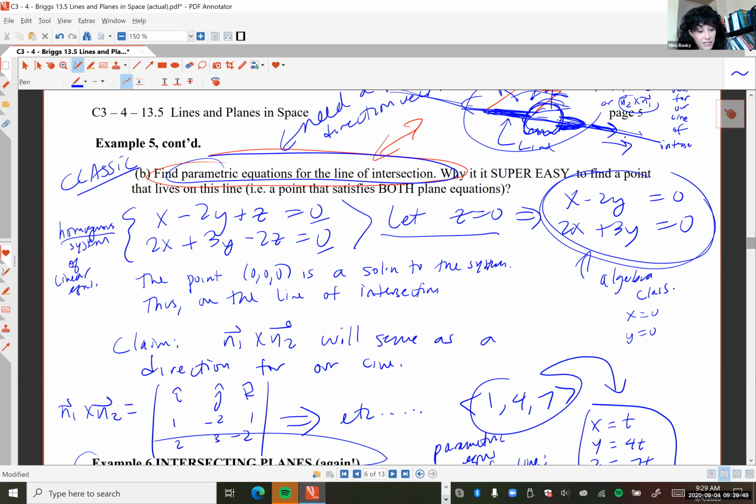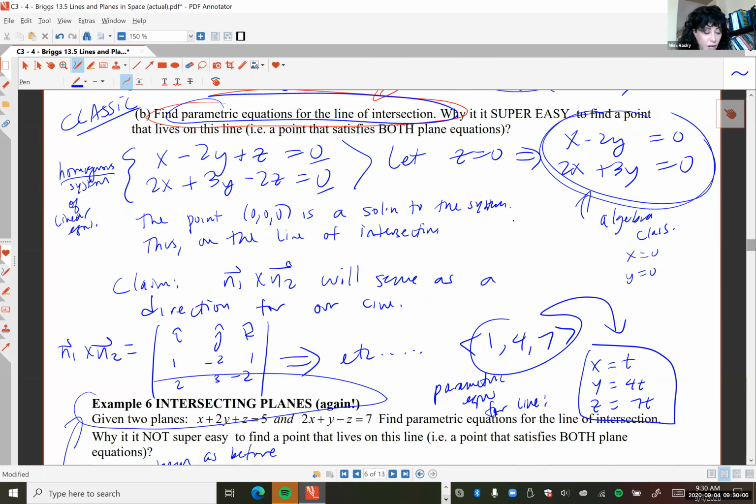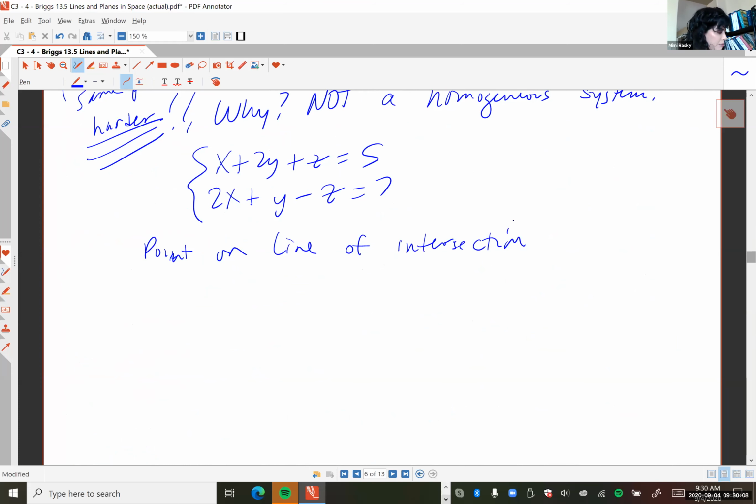I could just as easily have made a command decision and said, instead of setting z equal to 0, I hate x's, and I'm going to kill off the x's and make them zero. Then I'd have a 2 equation, 2 unknown system that would have only y's and z's in it. That's also legal. Whichever seems to work best or is going to be easier for you to work with.